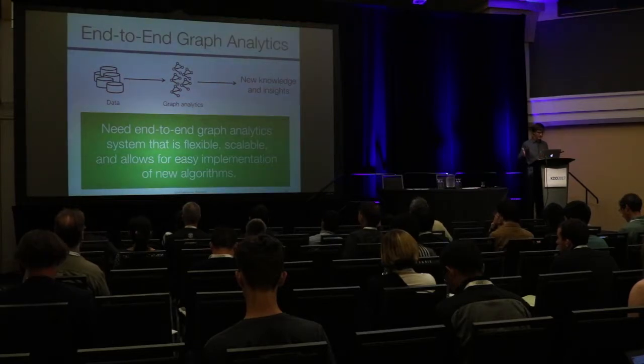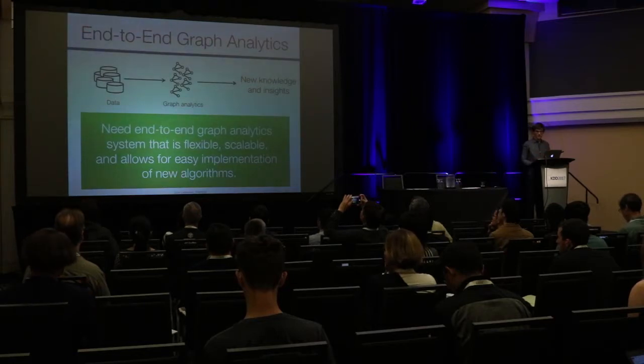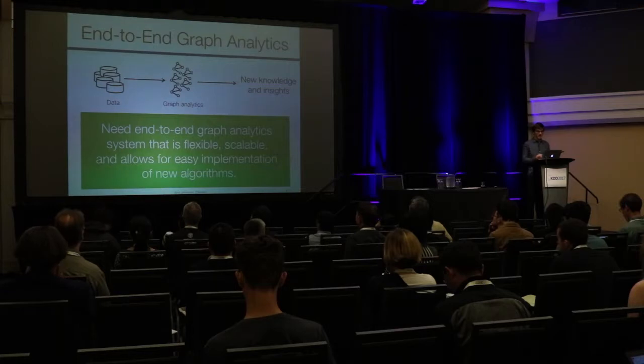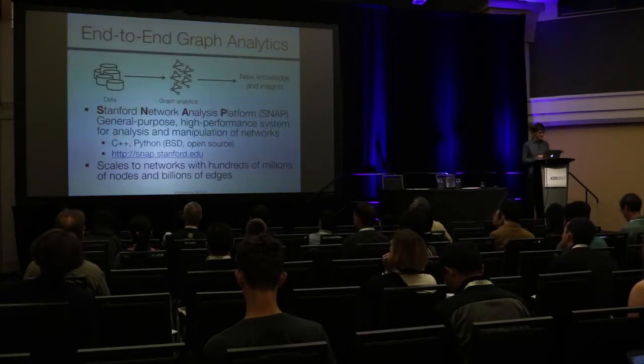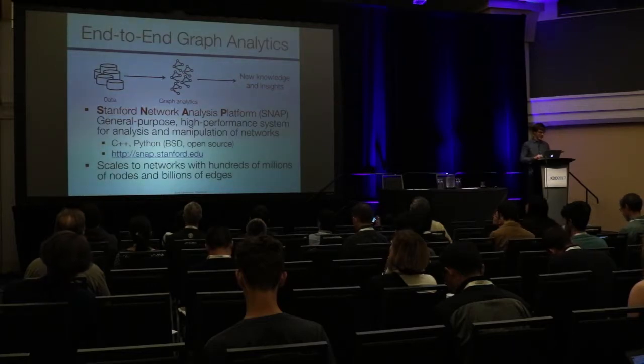This means that you need a system that's flexible, scalable, and allows for easy implementation of new algorithms. Basically, every research paper we publish is developed on top of our code base that we then make publicly available. Our code base is called SNAP, for Stanford Network Analysis Platform, and it's a general purpose, easy to use, but still high performance system for manipulation and analysis of networks.